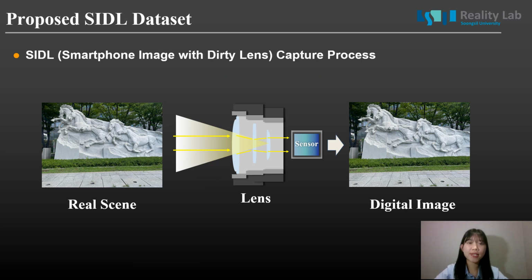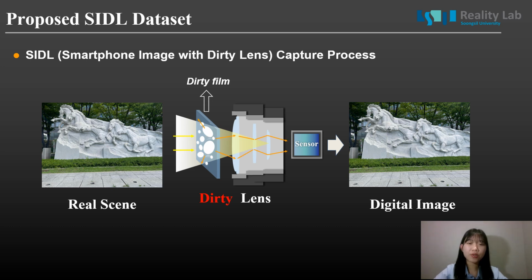To address this challenge, we introduce our SIDL capture process. Instead of damaging the lens directly, we use very thin films. Then we create various types of damage on these films. This film is placed in front of the lens, simulating real-world contamination.